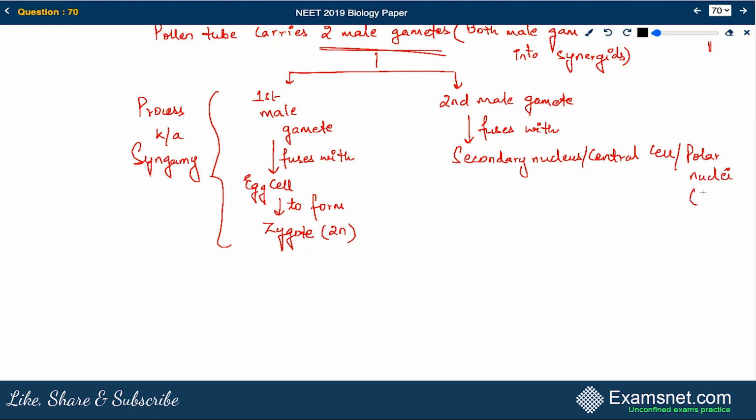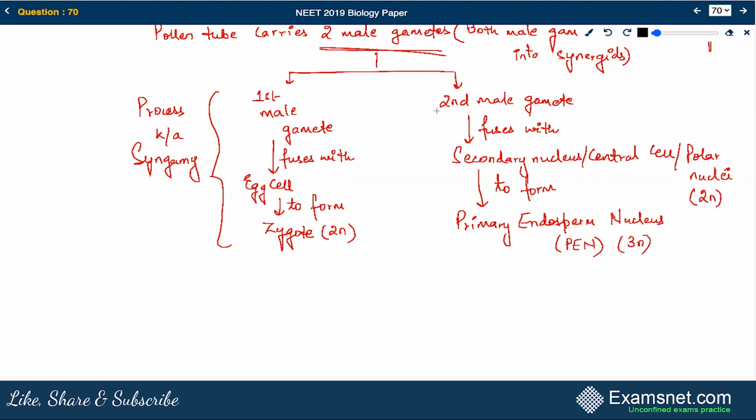And since this is already diploid, they are going to fuse with that, and the resultant product will be the primary endosperm nucleus, which is shortly termed as PEN, and this is triploid.